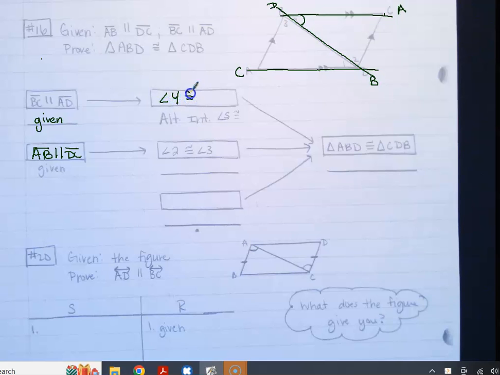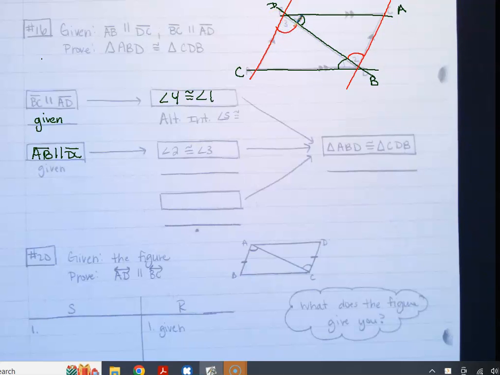Yeah, angle 4 is congruent to angle 1. Those are alternate interior angles. Then we could do the next one, right? We're looking at AB being parallel. AB is here, right? AB is parallel here, so those are our parallel lines. So now we can say angle 2 is congruent to angle 3.